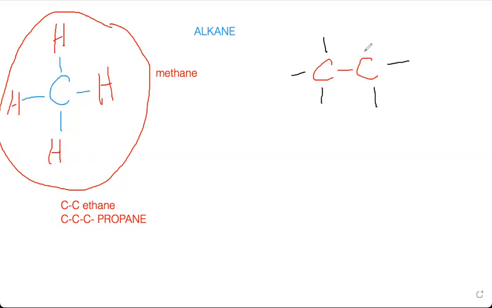There are 3 unpaired electrons of each carbon, one here and one here, and one is making a bond with the other carbon. They are sharing one electron, but the 3 unpaired electrons can be paired with electrons of the same element or of another element. So you can bring 3 hydrogen here and 3 hydrogen here.